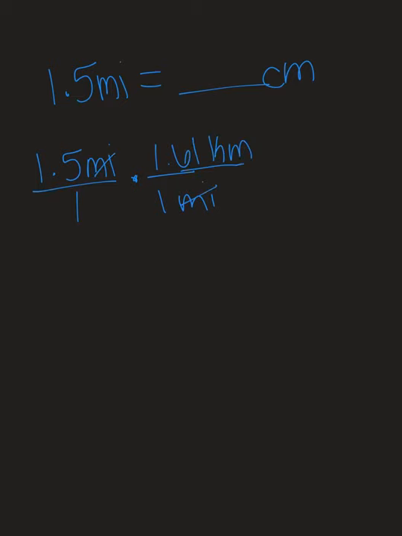Miles cancel. And I'm going to go ahead and figure this out and then do that easy metric conversion from kilometers to centimeters. So 1.5 times 1.61, 2.415 kilometers. And then just remember, if you want to write that down, so kilo, and we're working with meters.